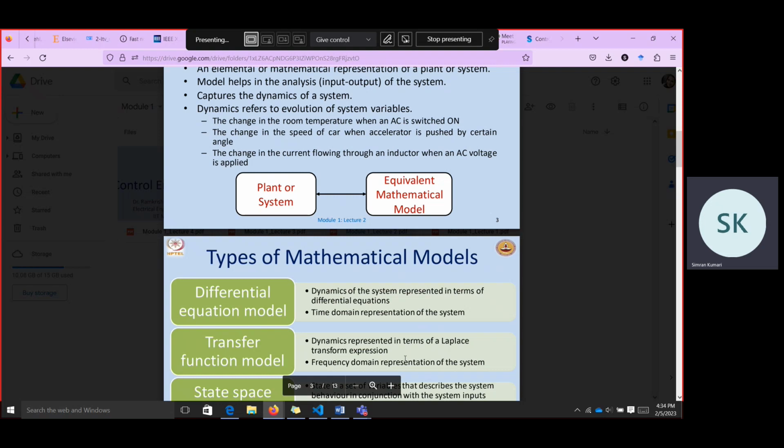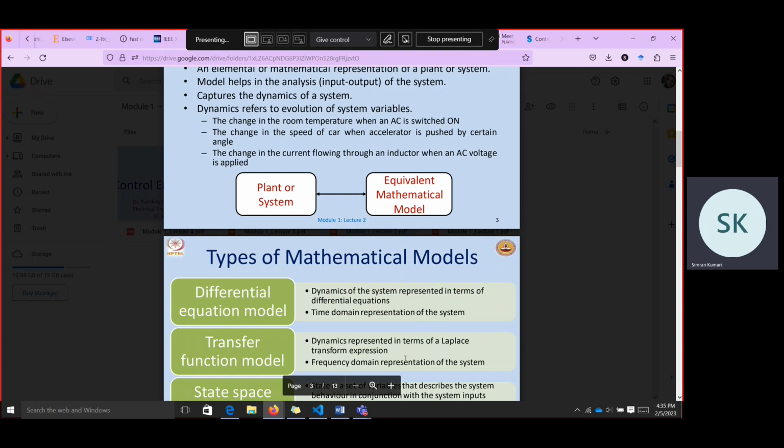So whatever controller we will be designing in the course may perform well for the mathematical equation, but may not perform as accurately for the actual plant. So these things also have to be kept in mind, and that's why system modeling is also an important domain, or we can say system identification, where we try to find out the dynamics of the system.